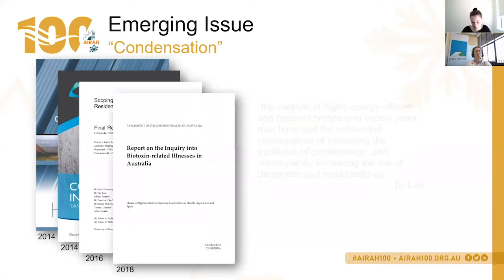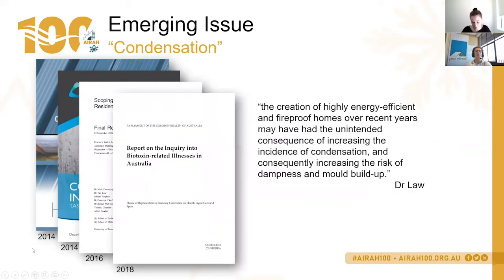In 2016, there was a scoping study for residential buildings, and that was where they found that 40% of all Class 1 and Class 2 buildings had moisture problems, or that the industry reported 40% of all Class 1 houses and multi-residential had moisture problems.